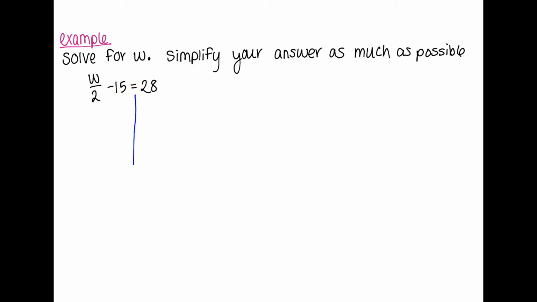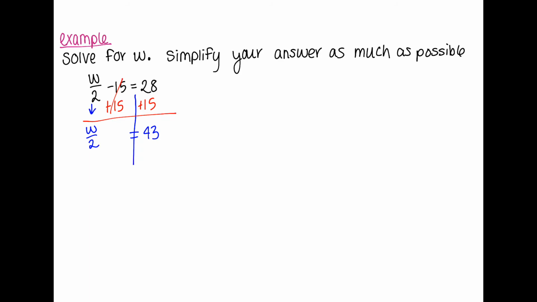So if it's a negative 15, you want to add 15 to both sides. Right. So these 15s will cancel themselves out. The w over 2 will come down. So w over 2 is equal to 28 plus 15 is 43. And now I have w over 2 is equal to 43.